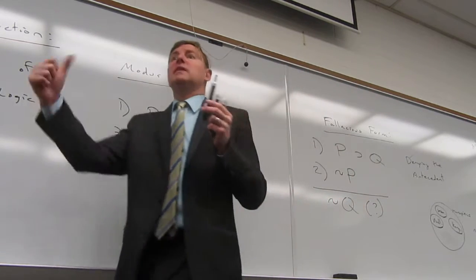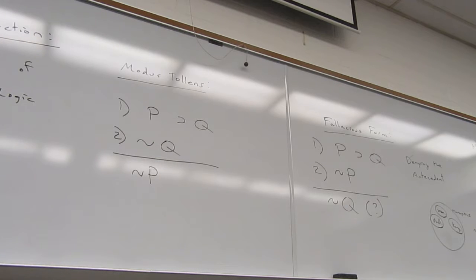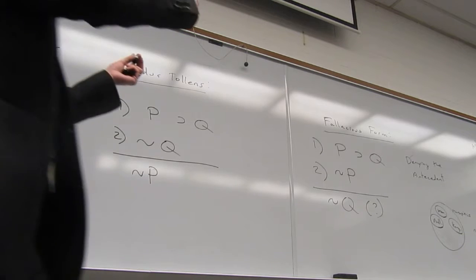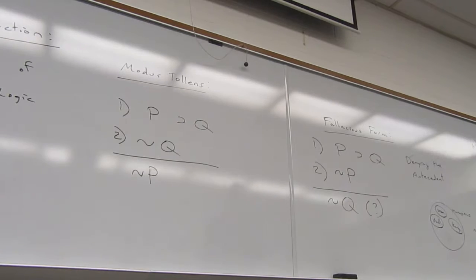Do note that denying the antecedent and affirming the consequent are arguments that people frequently mistake for valid arguments. Even though all you have to do is plug in very clear data, and you can easily show that it's not a valid form.